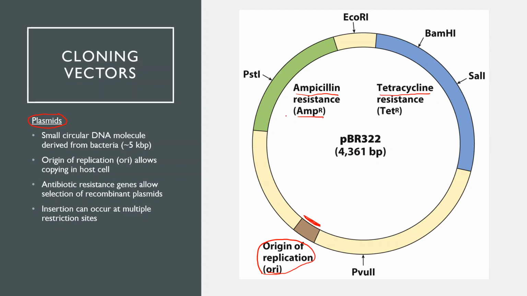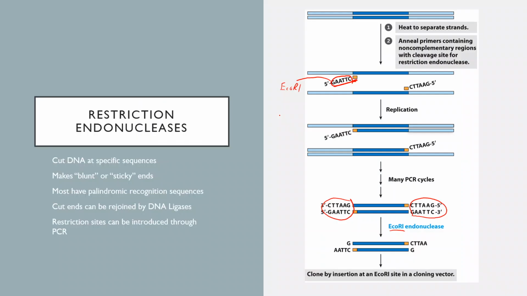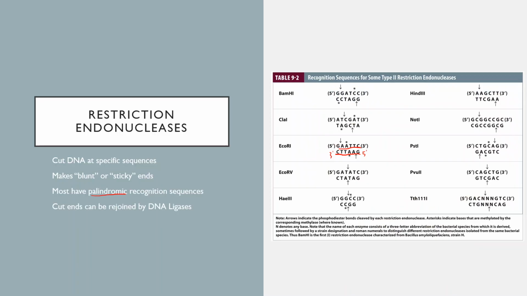So if you cut your target DNA with, say, EcoR1, and then you cut your plasmid also with EcoR1, then you should get ends that are compatible with each other, and that allows you to target your clone DNA or your target DNA into a specific location within the plasmid.